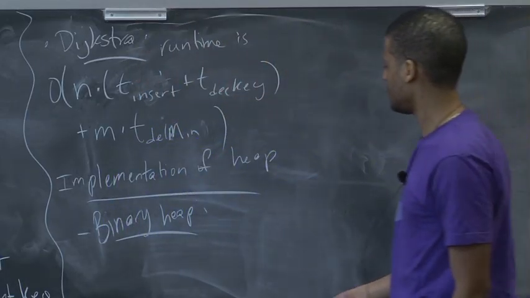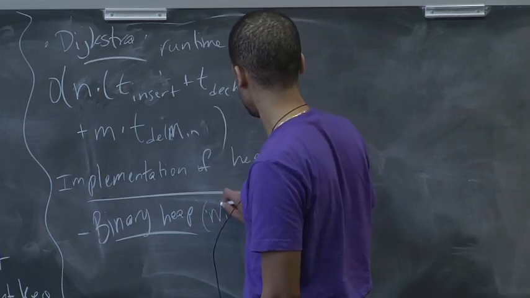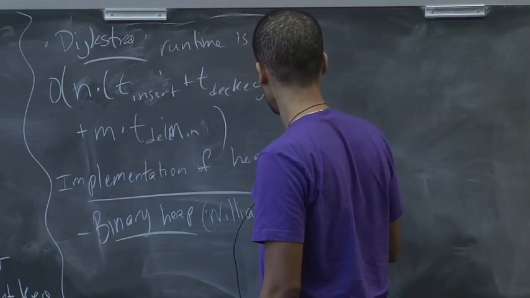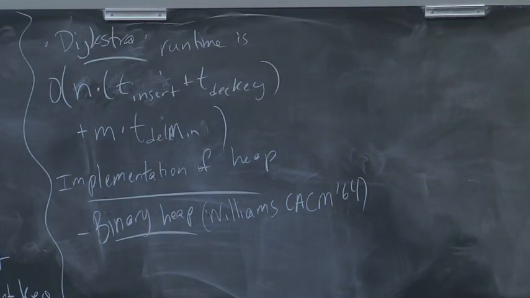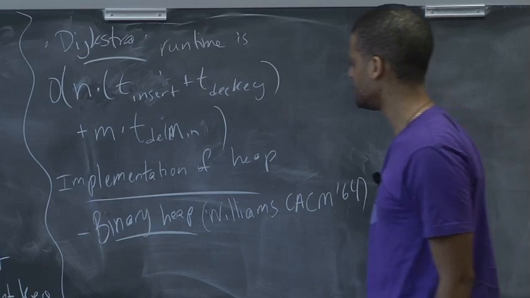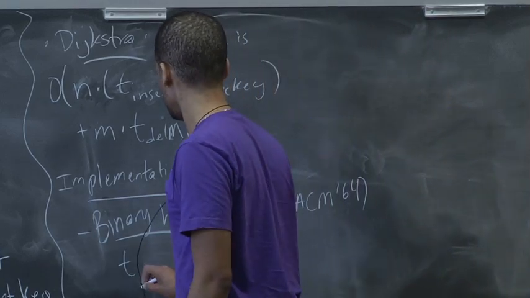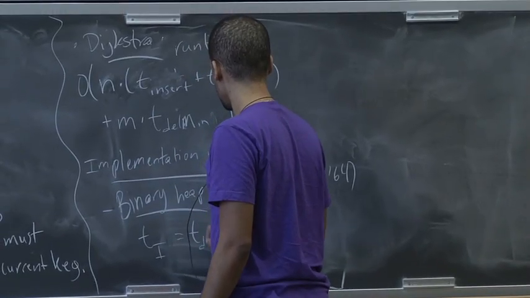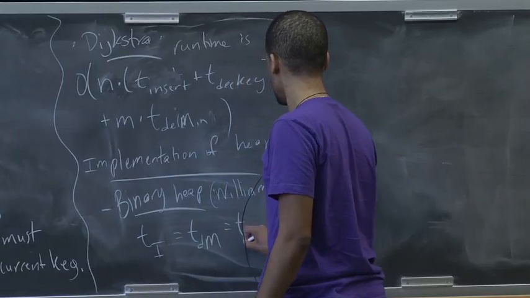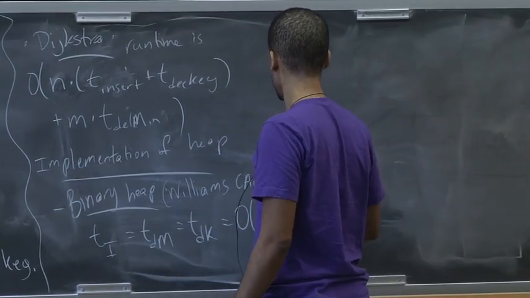That's due to Williams in 64. What does that give you? All operations are worst case log n time. Insertion time and delete min time and decrease key are all O of log n.